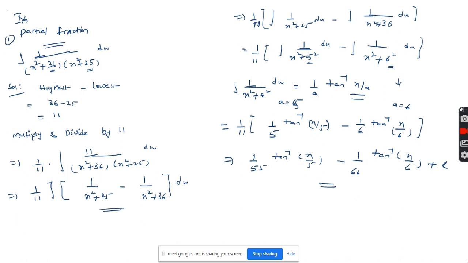Suppose we have the next problem. The second one is 1/(x² + 9)(x² + 13).